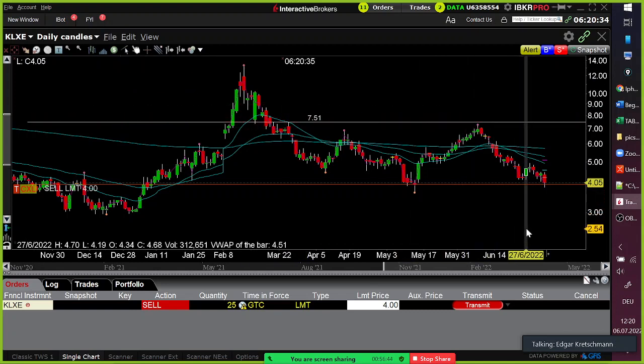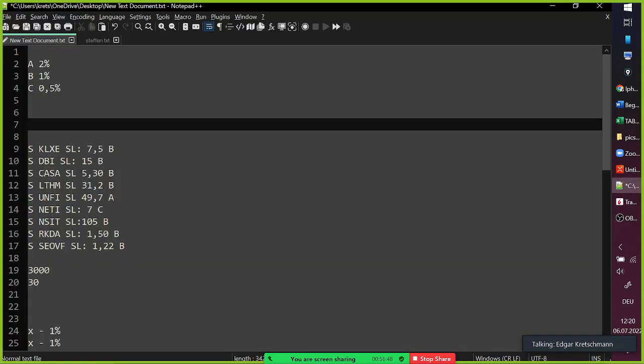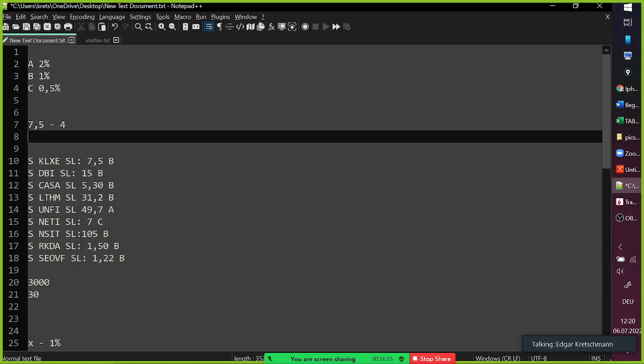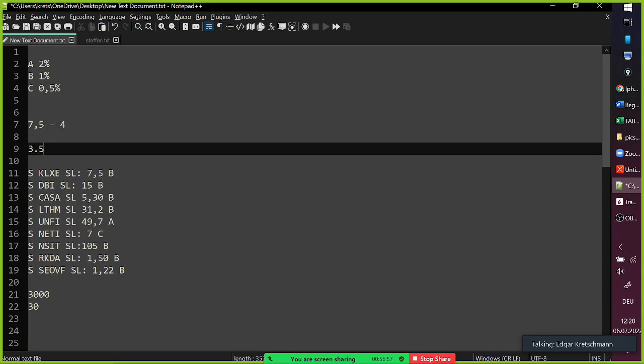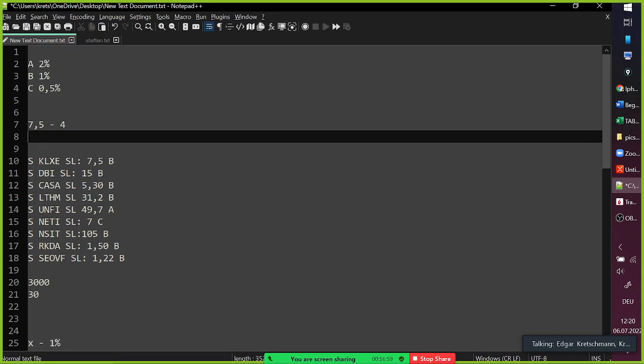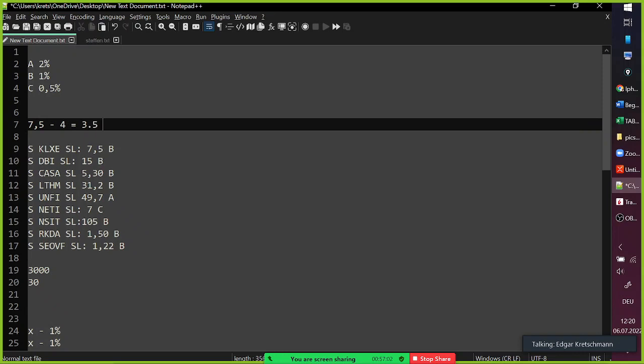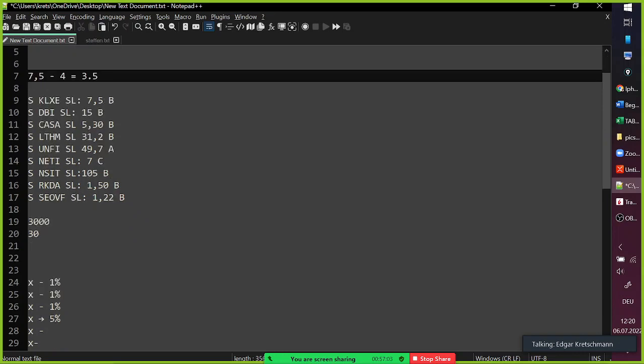Now we have to calculate 7.5 minus 4. How much is that? 3.5. 3.5 is the loss I would lose per stock.